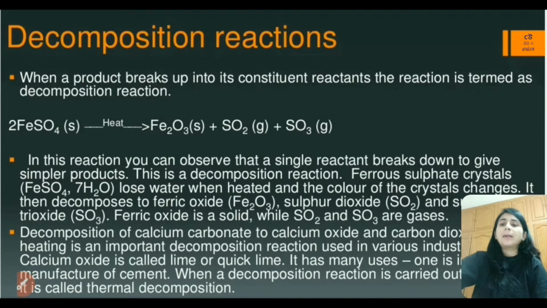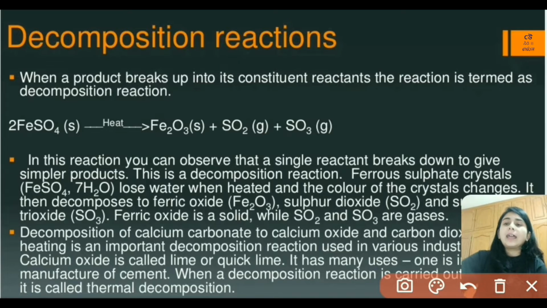One very good example of this is we have ferrous sulfate. What happens is ferrous sulfate, whose molecular formula is FeSO4, when it breaks into simpler substances, we say that this is a decomposition reaction.